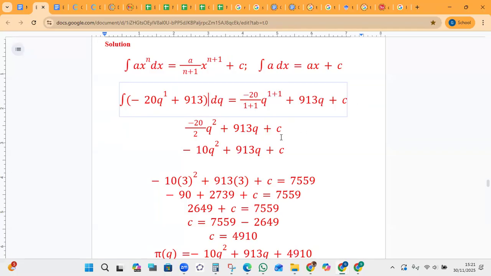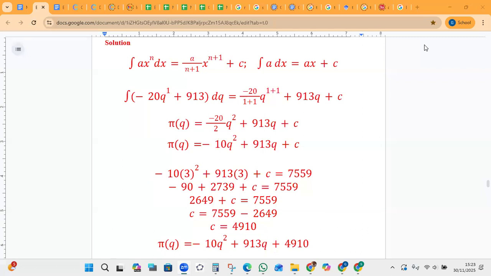So now we have the profit function, but it is missing a value, which is c. We can even write the profit symbol here, which is pi. So we write pi in terms of q is equal to minus 10q squared plus 914q plus c. Now we need to find the value of c.